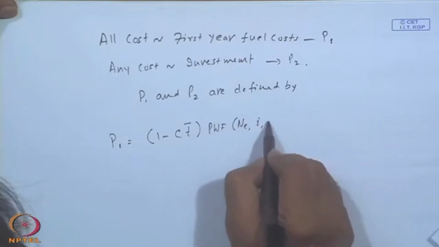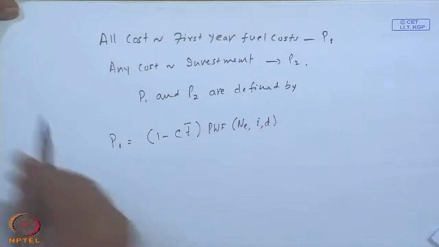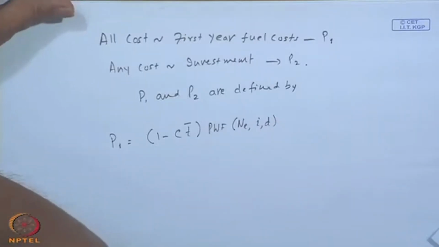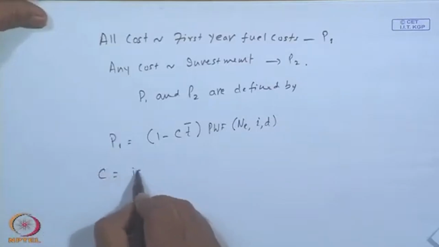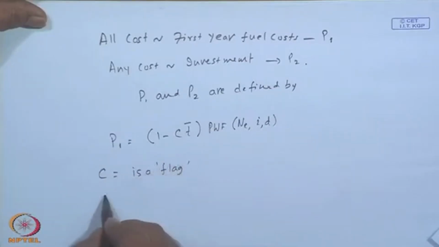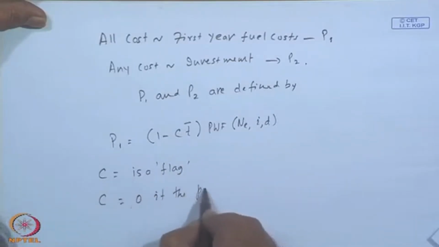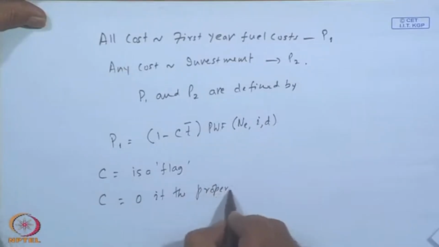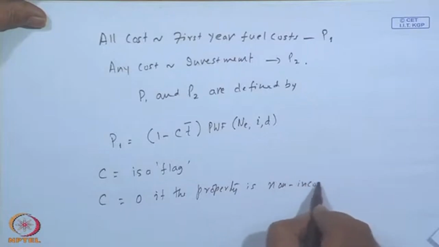Let me explain, where C is a flag, C equal to 0 if the property is non-income producing.